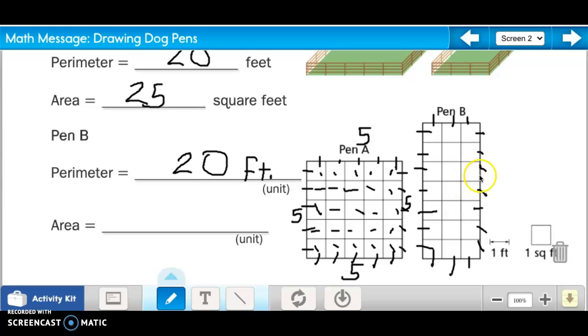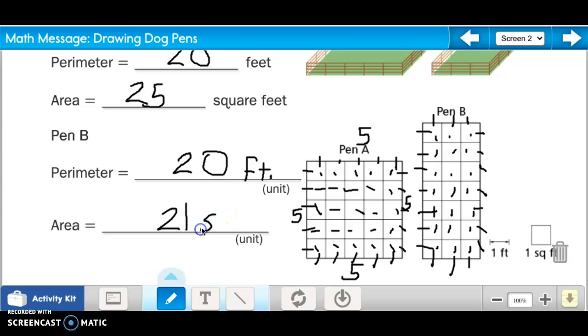All right. And then the inside is 1, 2, 3, 4, 5, 6, 7, 8, 9, 10, 11, 12, 13, 14, 15, 16, 17, 18, 19, 20, 21. It's a little different than the first pen.